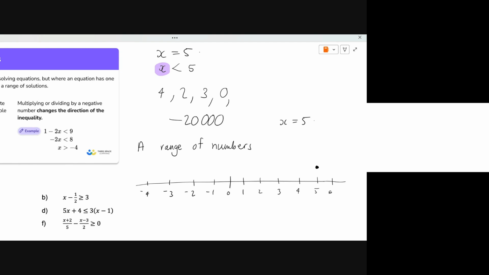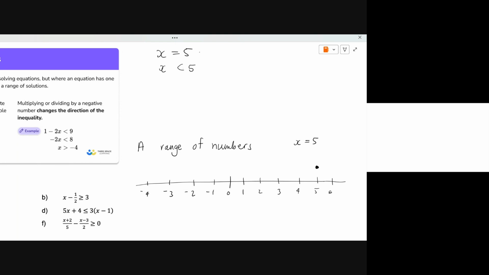And so even if I don't have the equation that says x is equal to 5, I can tell by looking at this that x is equal to 5 because the number line is sitting there and the dot is sitting right above 5. This means x is equal to 5. Yes? Thumbs up. Does that make sense? Everyone with me here?